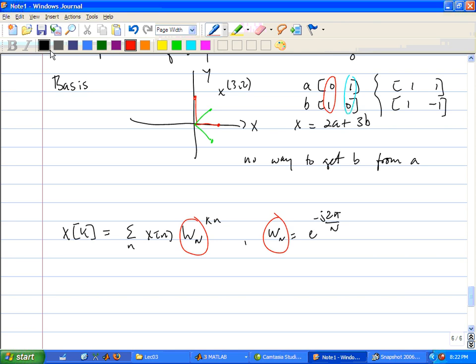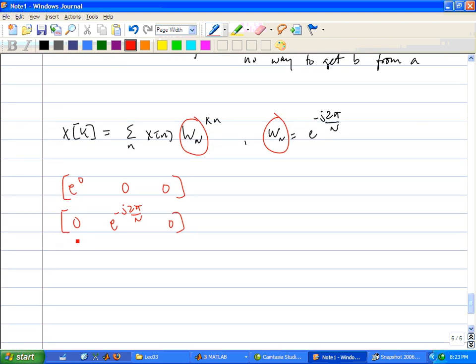You have an orthogonal basis that's e to the 0, e to the minus j 2 pi over N, and e to the minus j 2 pi, I'm sorry, this is not N. I can actually plug in the value of 3 here.